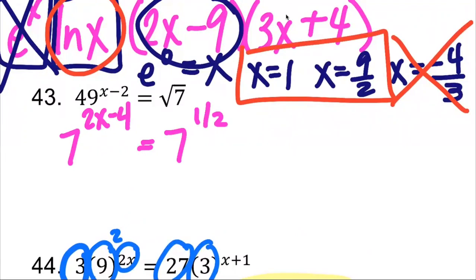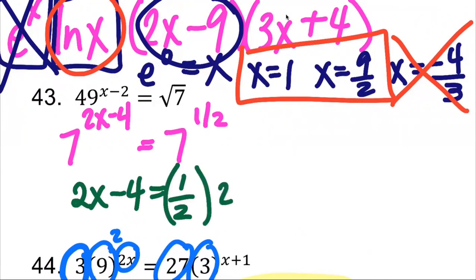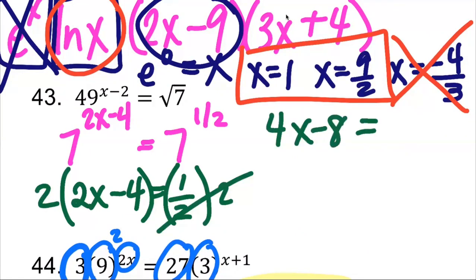And then I would set these equal to each other. So I would say 2x minus 4 equals 1/2. I'm gonna double everything so I can get rid of the fraction. So 4x minus 8 equals 1.